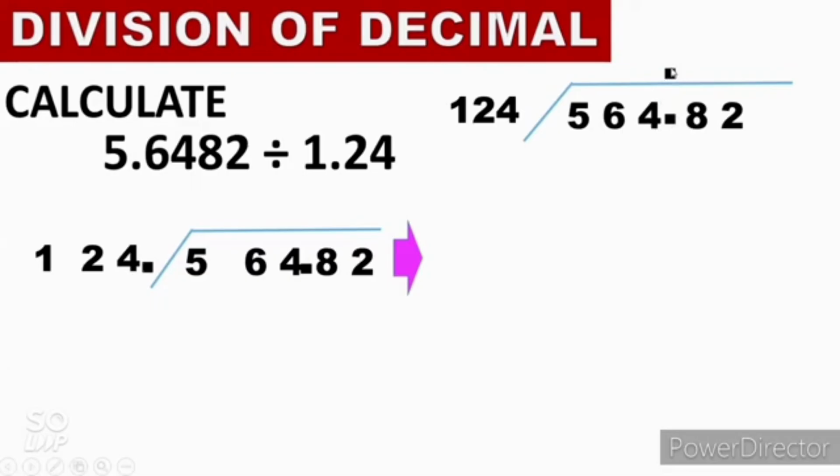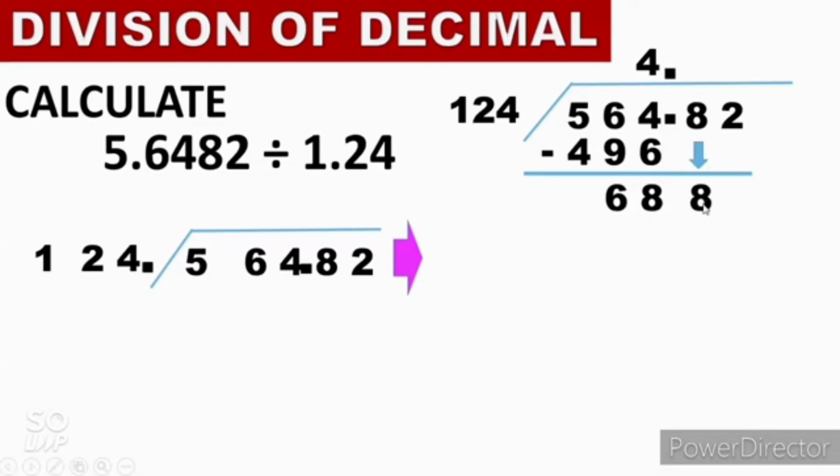Then next, we're going to divide 564 by 124. The answer is 4. 4 times 124 is 496. And then we subtract 564 minus 496. The answer is 68. Then the next step is to bring down 8. So now we have 688 divided by 124. The answer is 5.